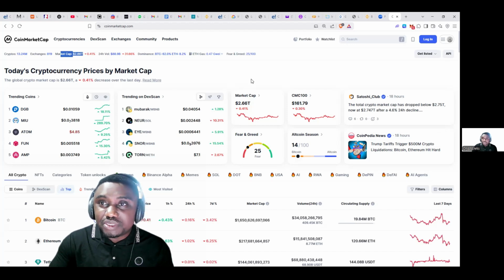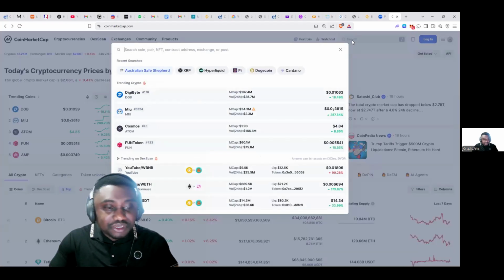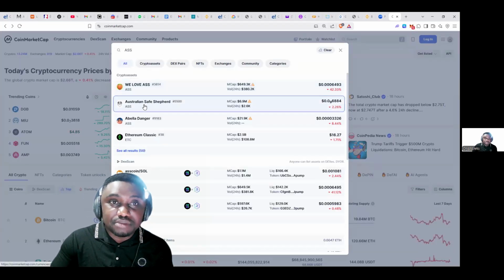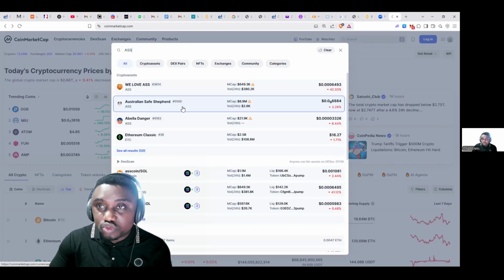So today, let's assume that a friend sends you a particular coin and said, okay, go buy, let's use AXS token, for instance. This token made headlines some 4 years ago. Okay, I'm talking about Australian Shepherd. For those who are new to the crypto space, you might not understand.